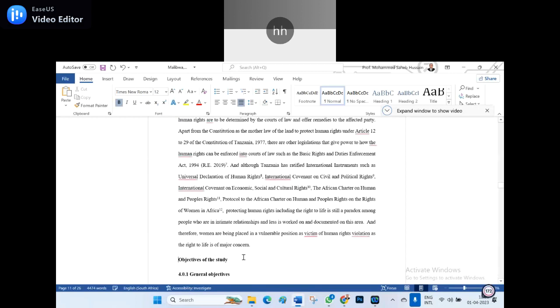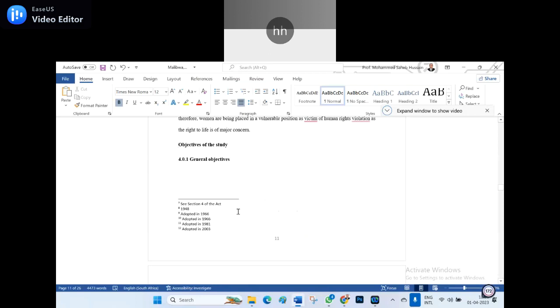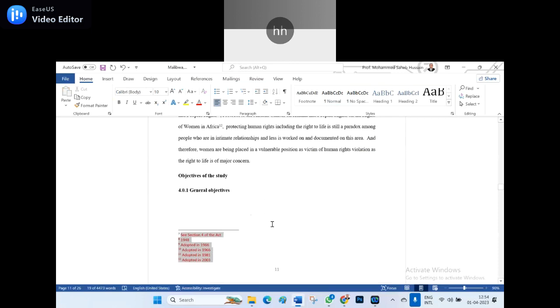The objectives of the study, S should be the capital letter. And then you say the general objective, O should be the capital letter. But here again you wrote the footnote, but not a single one ends with the full stop. So all footnotes end with the full stop, and you have to correct it.